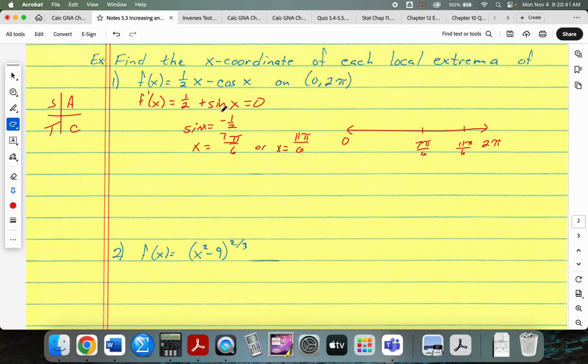However, I know that sine is positive in the first quadrant, right? So I know f prime is going to be positive all throughout this region. And because we've just taken the sine graph and shifted it up 1/2, f prime is going to be negative here, and f prime positive here.